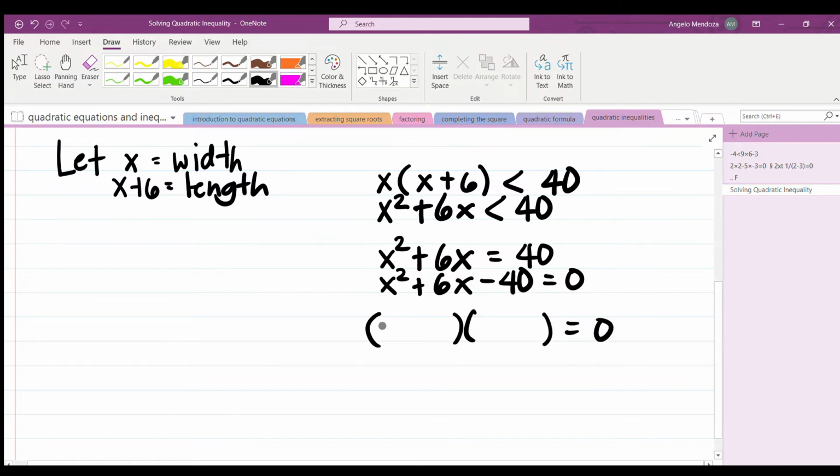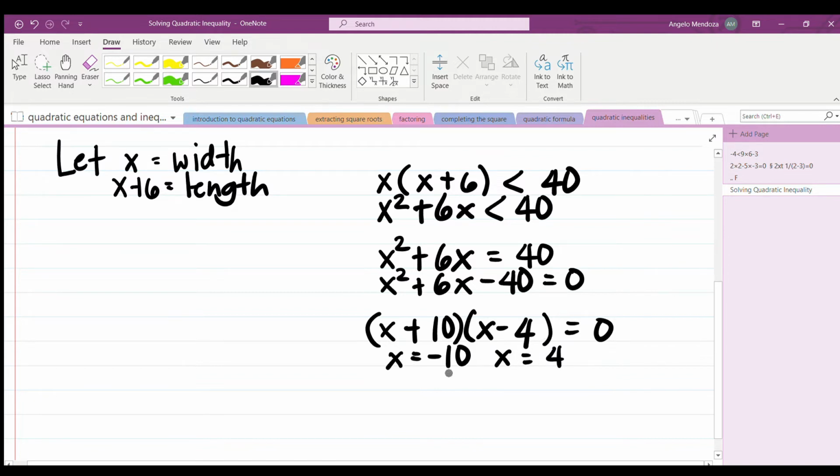So you have here the factors of negative 40. The factors of x squared are x and x. For the factors of 40, you have 10 and 4, which can give us positive 6 as the sum. So we have here positive and negative. So we have x equals negative 10 and x equals 4.